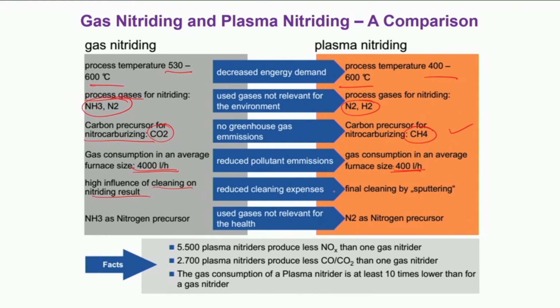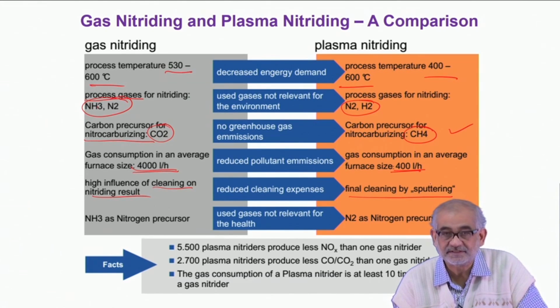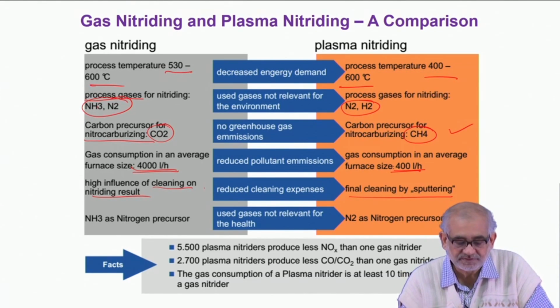So we don't want that impediment. We want to clean, and in case of plasma nitriding, this is much easier because we can reverse the polarity of the electrodes and allow sputtering of ions or atoms from the surface, and that's how we can clean a few atomic layers from the surface. So there's no separate cleaning required. It can be done in situ in the chamber itself.